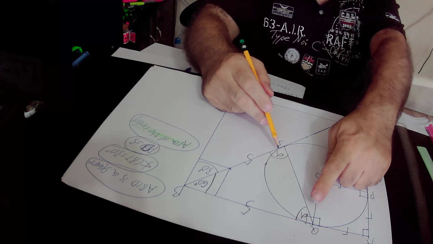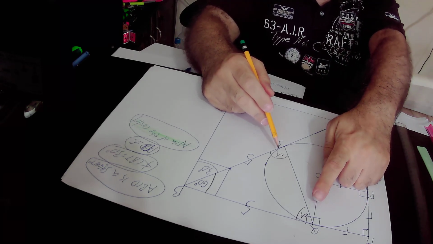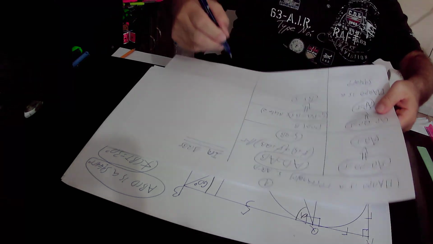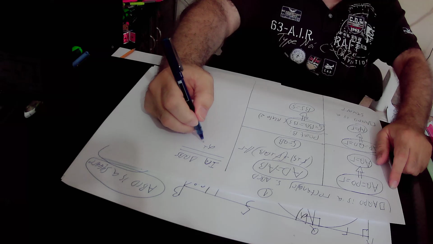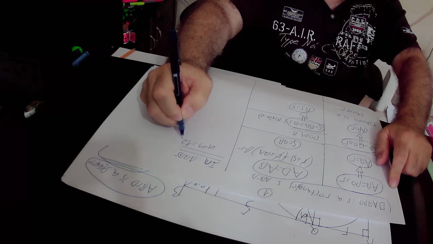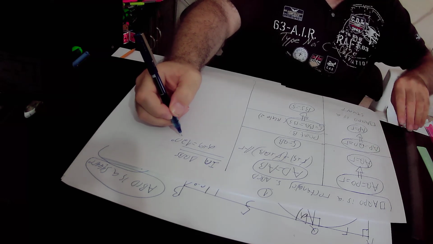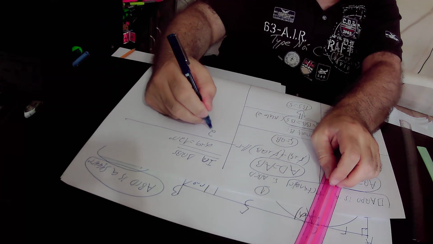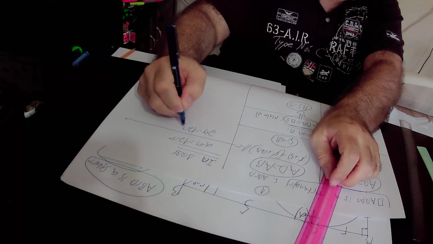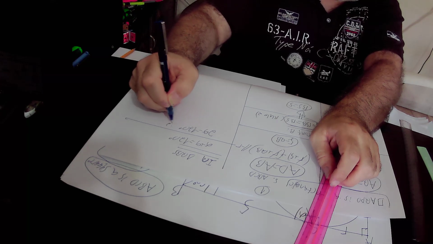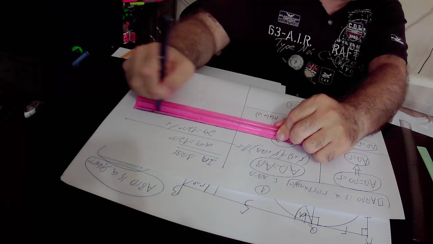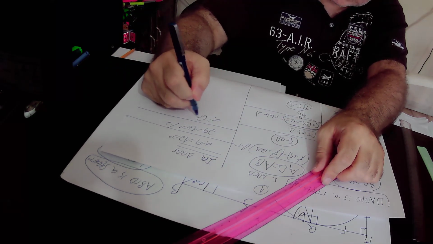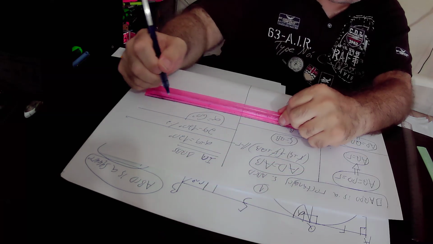That is to say, alpha plus alpha must be equal to 120 degrees. Alpha plus alpha is 2 alpha, equal to 120 degrees. We divide this equation by 2, and we get that angle alpha equals 120 degrees over 2, that is 60 degrees.